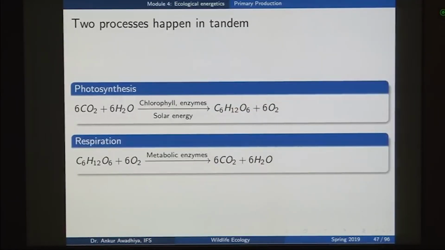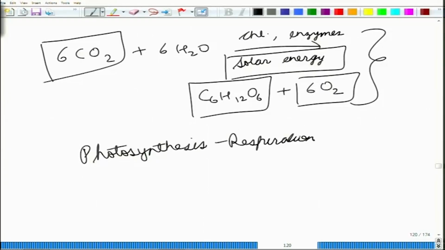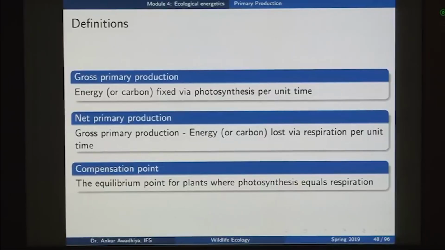So, when we talk about the gross primary production, we are asking about the rate of photosynthesis, but when we subtract respiration from this, so photosynthesis minus respiration, we are talking about the net primary production. Net primary production is the gross primary production, or the energy or carbon that was fixed by photosynthesis, minus the energy or carbon that is lost via respiration, expressed per unit time.